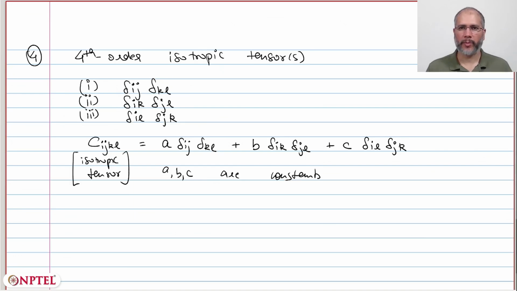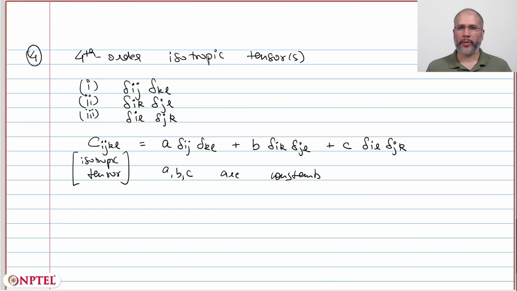We will be discussing fourth order isotropic tensors later in the course towards the end when we talk about constitutive modeling. So this is required, and that is the reason I've discussed this. We'll not go beyond fourth order for the discussion today.